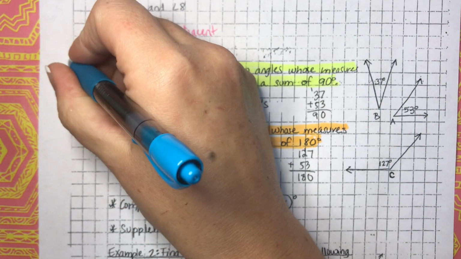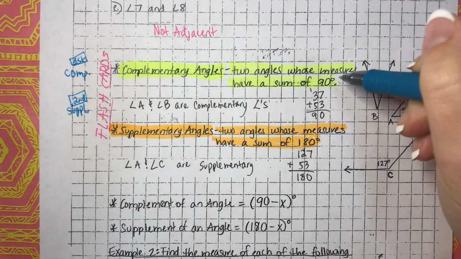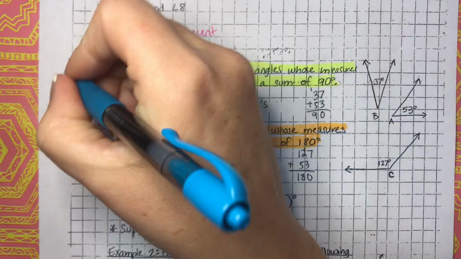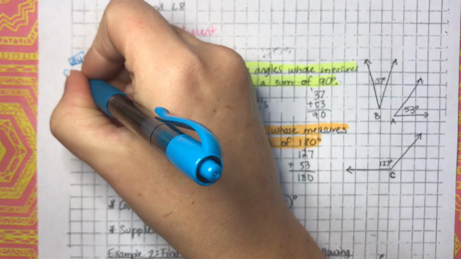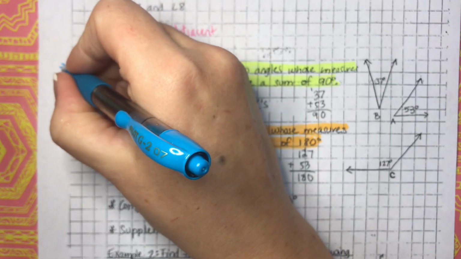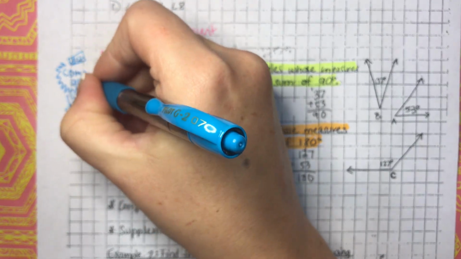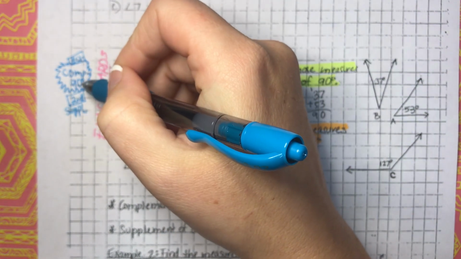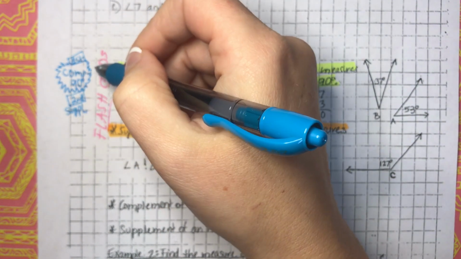Well, let's look at the numbers. If I put the numbers in order as far as 90 and 180, which number comes first? 90 degrees comes first. So maybe that will help you remember that complementary always comes with the 90 degrees, because complementary comes first in the alphabet and 90 comes first if you were counting.